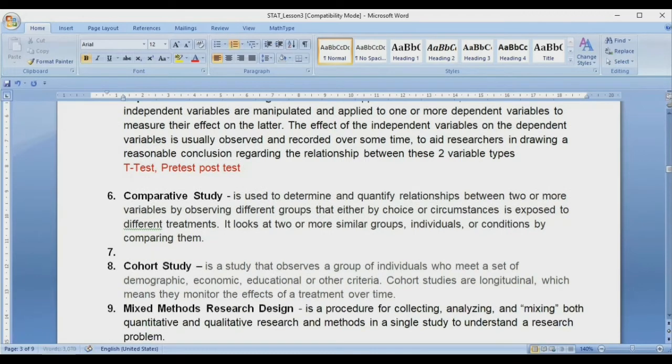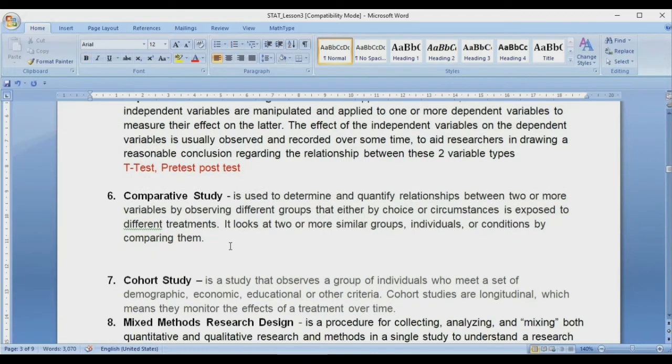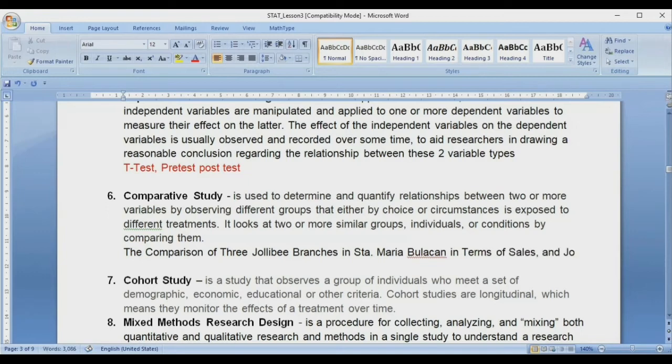Then, comparative study, from the word itself, comparison. Example ng title, a comparison of 3 Jollibee branches in Santa Maria, Bulacan, in terms of sales and customer satisfaction.